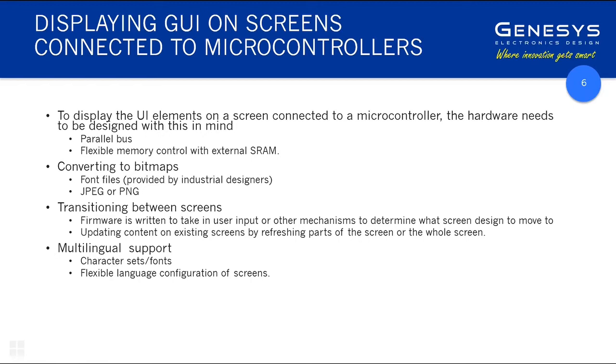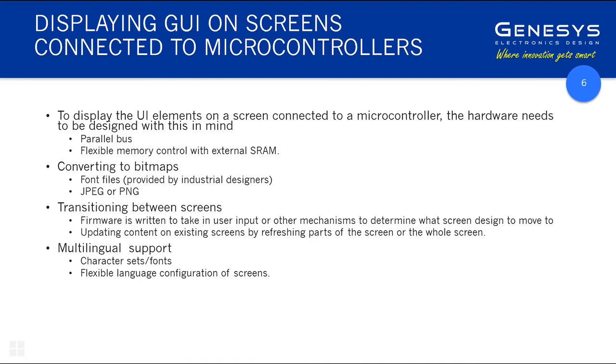So, displaying a GUI on screens connected to microcontrollers. This is just a really brief, quick rundown of roughly how you turn the really pretty displays and images that you want to display on your screens into something that actually appears on the screen. To display UI elements on a screen connected to a microcontroller, the hardware needs to be designed with this in mind, of course: either a parallel bus for LCD screens or flexible memory control with external SRAM.